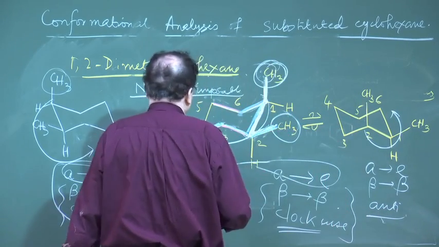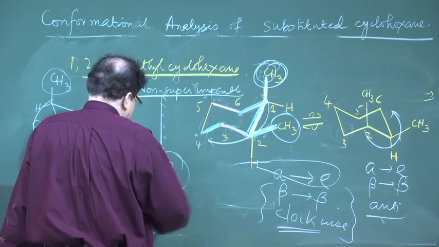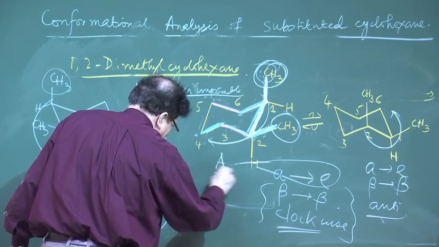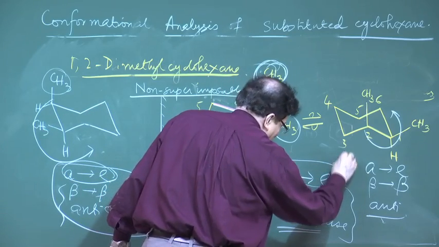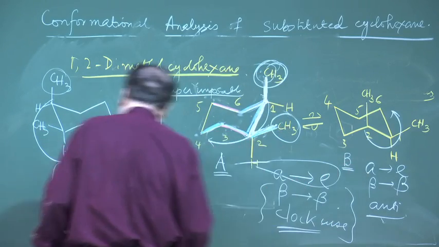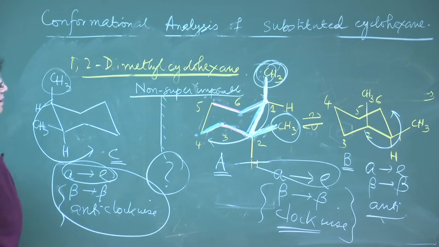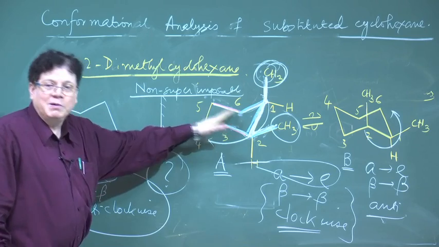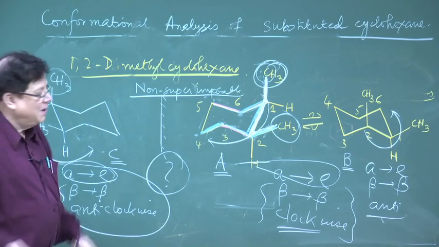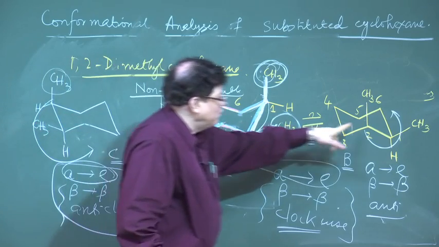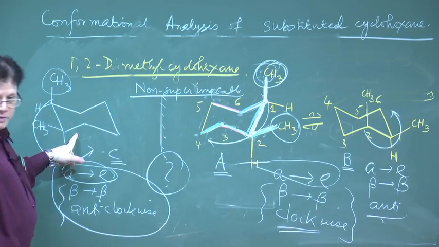So, basically what is happening now? Suppose this is my original A, this is my flipped form B, and this is the mirror image C. I know that this should be chiral because the mirror image is different, but however, there is a problem. Now, the flipped form becomes the same as the mirror image.